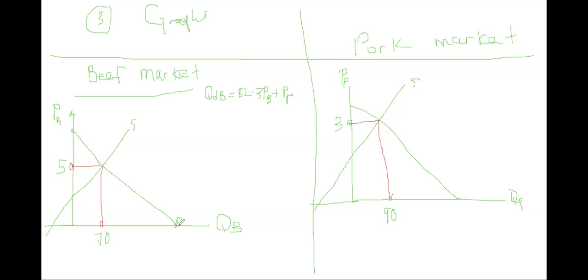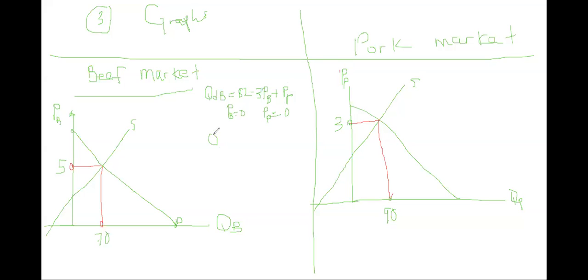So here, this point is the demand for beef when the prices are 0. If the price of beef is 0, and the price of pork is 0, if you substitute here, this will be 0, this will be 0.